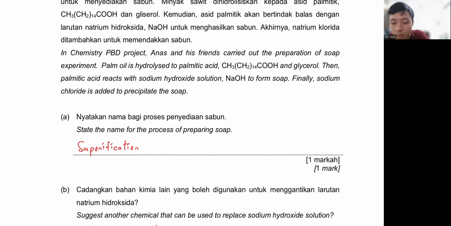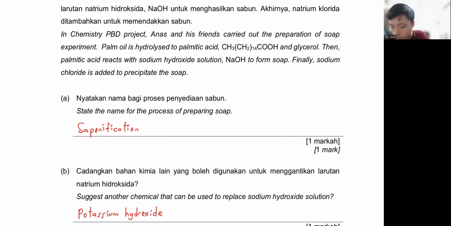Another alkali can be used instead of sodium hydroxide, which is normally potassium hydroxide. These two alkalis can be either sodium hydroxide or potassium hydroxide.